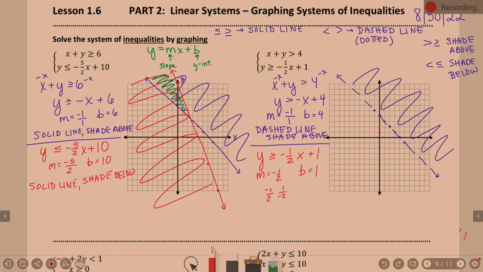So I can go down 1, right 2, down 1, right 2, down 1, right 2, and so on and so forth. Or I can go up 1, left 2, up 1, left 2, rise positive 1, run negative 2.